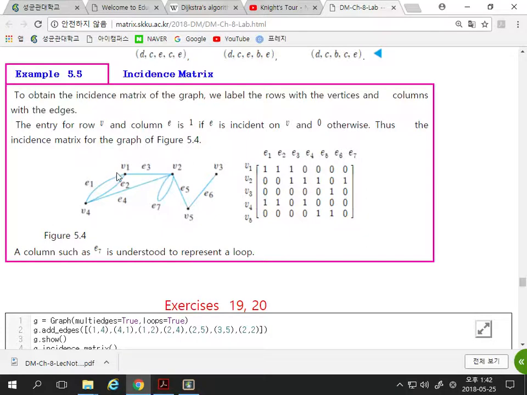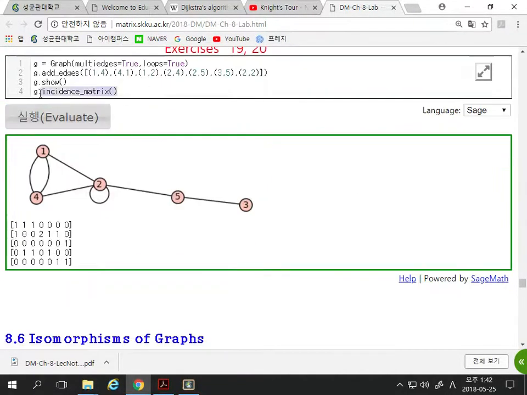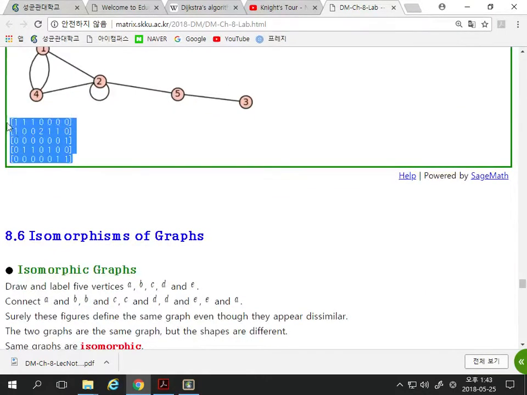And E3 has 2 vertices, V1 and V2, and it has 2 non-zero entries here, something like that. I will explain in more detail. Anyway, with this definition, we can find the incidence matrix from a given graph without any difficulties.